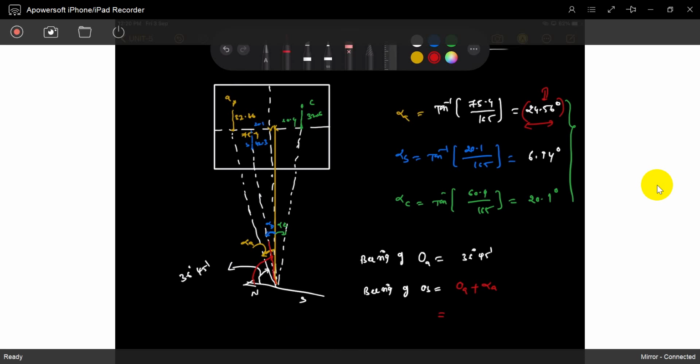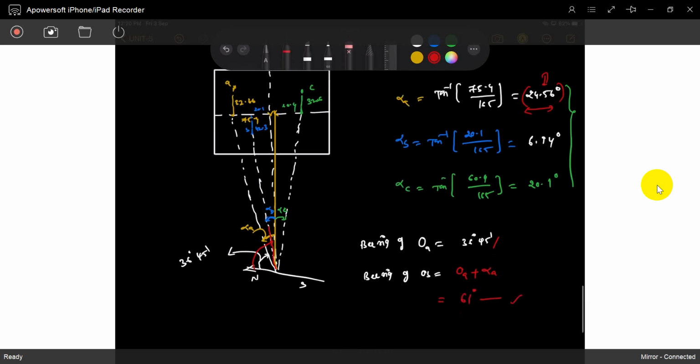Almost 61 will come, so 61 degrees something minutes will come. Okay, that's it.